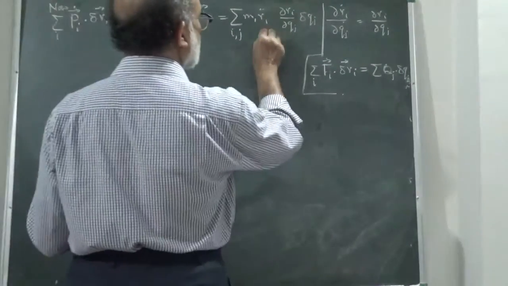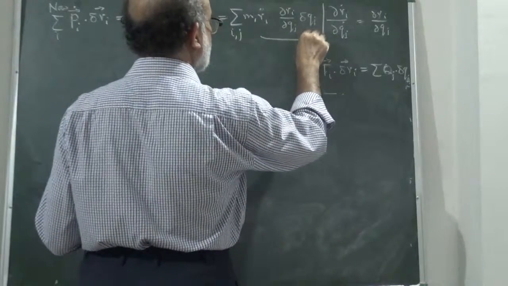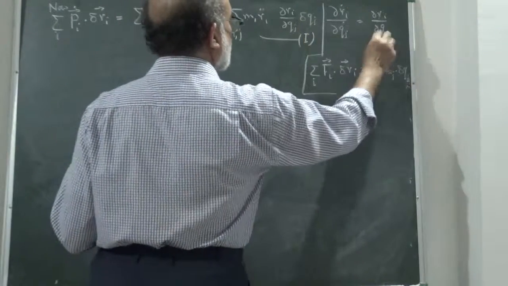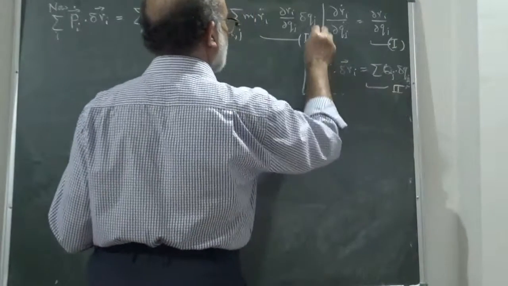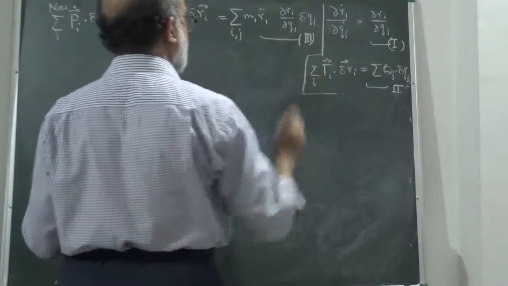Now suppose this as, keep it as equation number 1, or you could keep it as 1 here, 2 here, and this as 3 here.